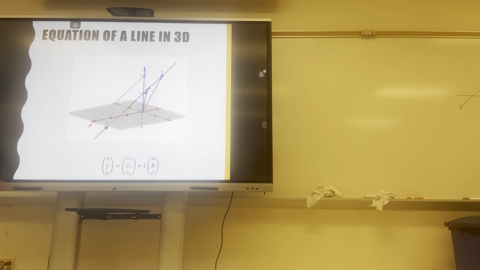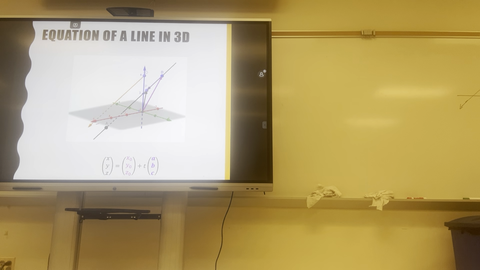All right. So that's vector form of the equation of a line. Now, if you are in or have taken multivariable already, and you've done this more recently than back in pre-cal, you probably remember that there are multiple forms of equations of lines in 3 dimensions.